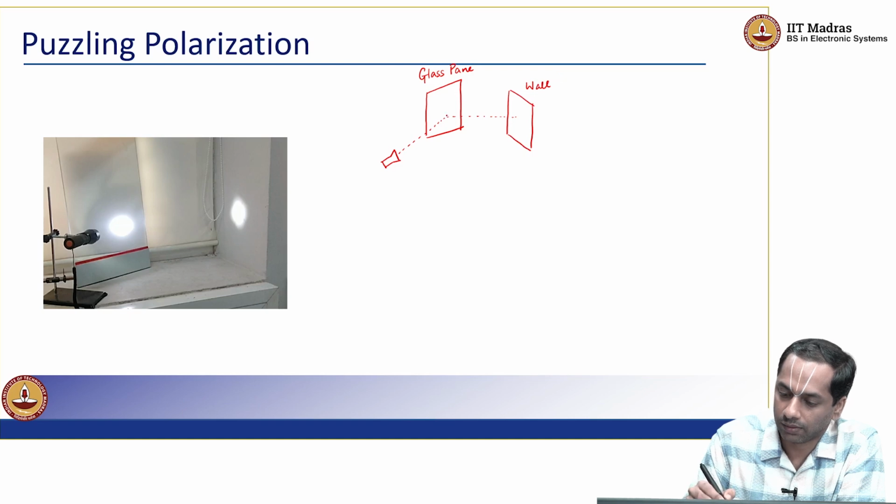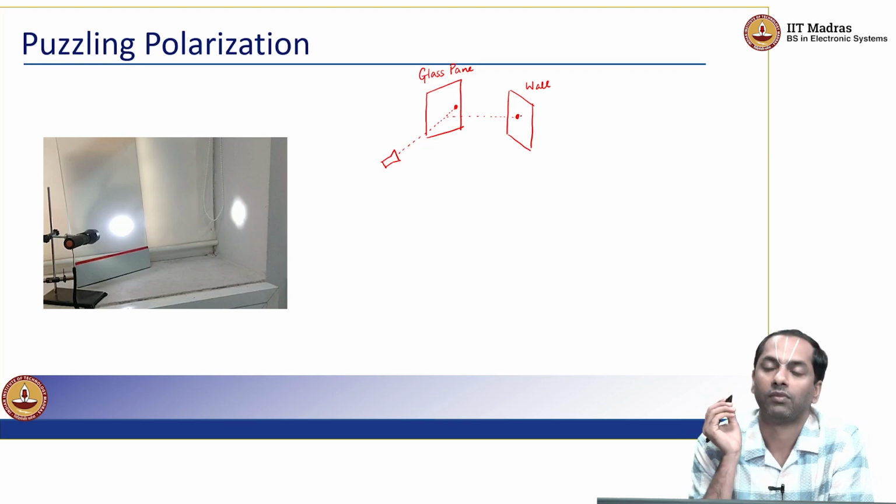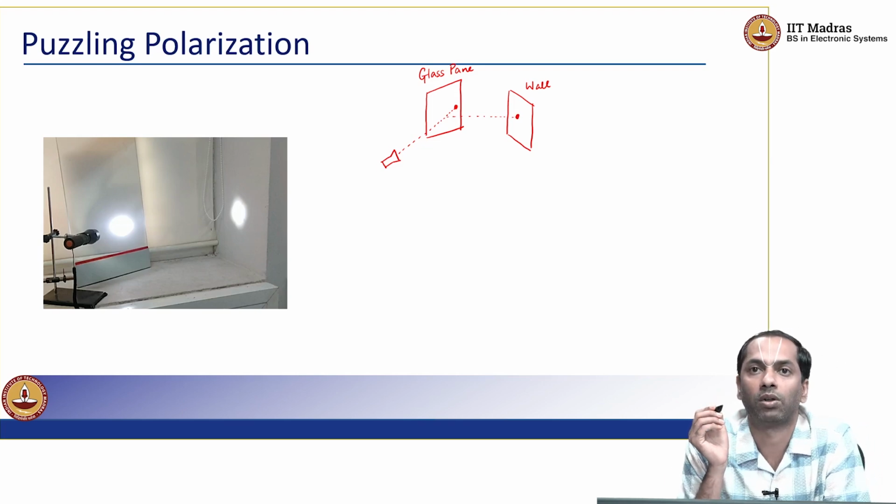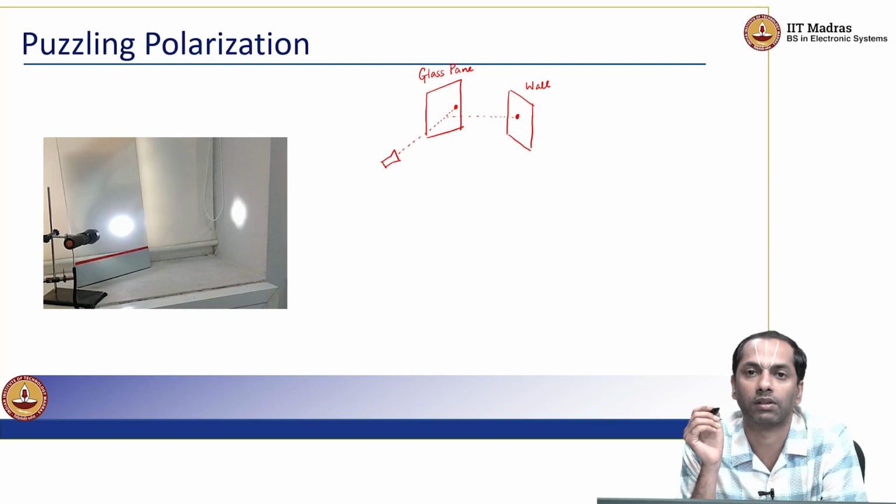Your high school physics taught you that surfaces, or dielectric boundaries, can cause reflection and refraction.